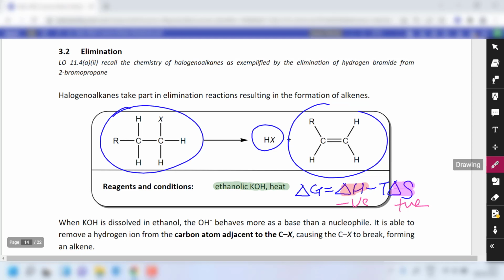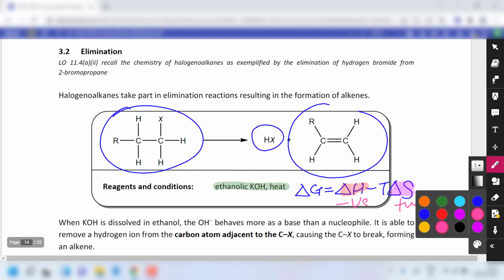If we are trying to decide whether elimination or substitution will be formed, and you are asked how you can control the product, let's say I prefer more elimination products, then from this particular relationship, you might be able to tell that I can play around with the temperature.